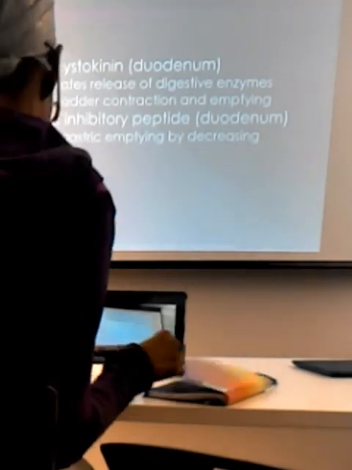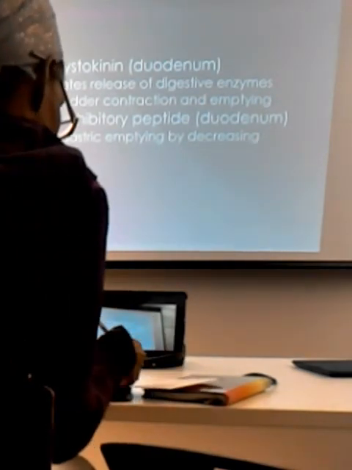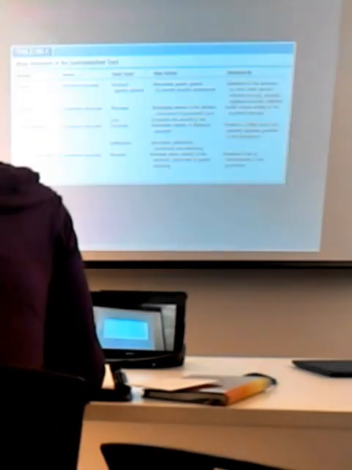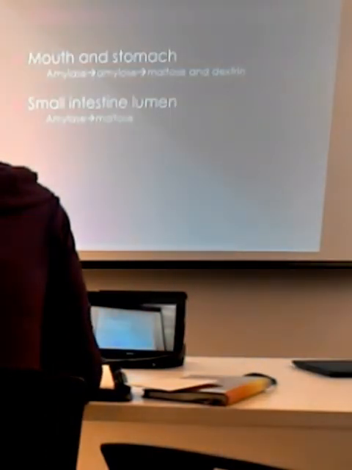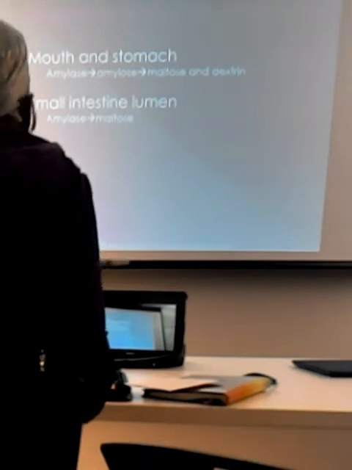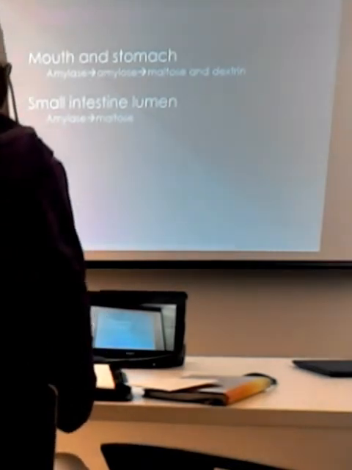Cholecystokinin. Remember I said not the stomach. Okay? So where does that get released from? The duodenum. And we talked about it already. Gastric inhibitory peptides. Sweet. So listen, I'm not testing you on the individual enzymes. Other than amylase, I want you to know that pancreatic amylase and salivary amylase are the same molecule, okay?